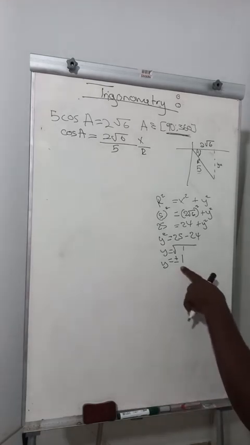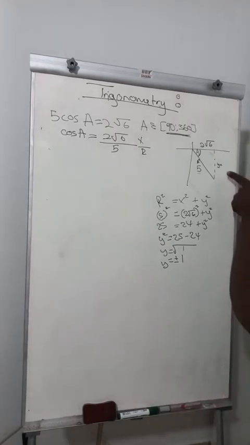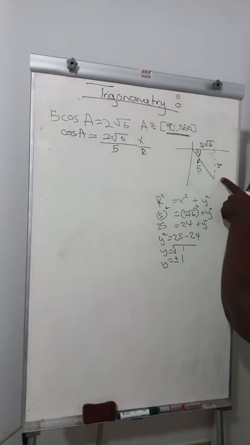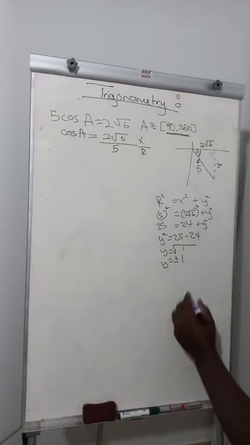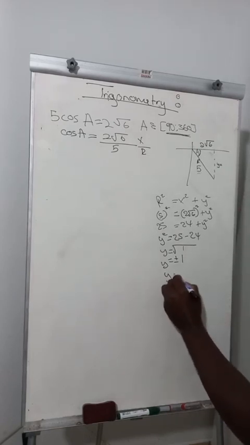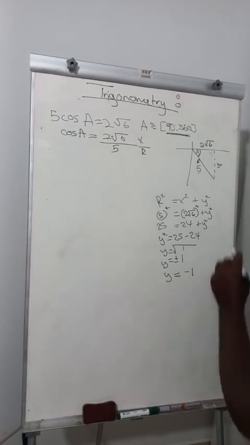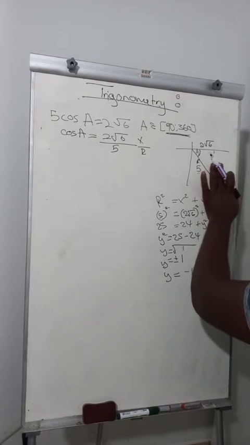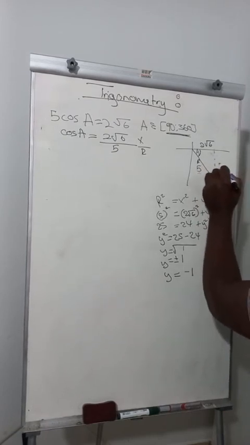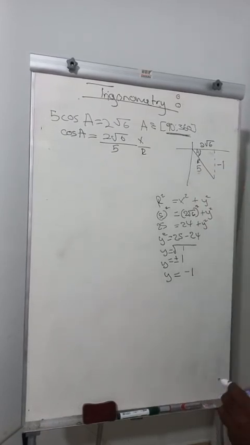Now, to know which sign to choose, look at the quadrant in which the diagram is. If you check, it's within the fourth quadrant, so we will choose negative 1. So the value which is here will be negative 1.